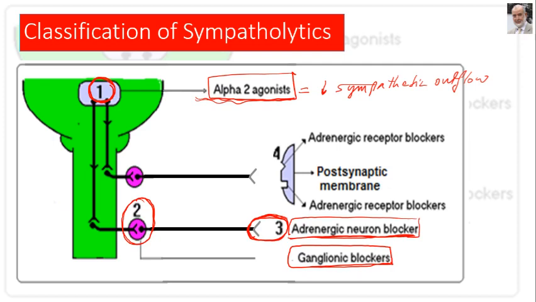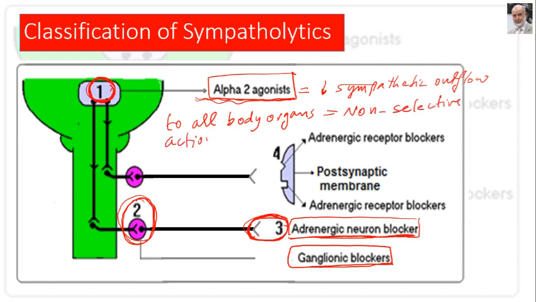Okay? These three groups, group 1, group 2, and group 3, inhibit sympathetic activity to all body organs. Therefore, you expect that these groups will have non-selective action. Okay?